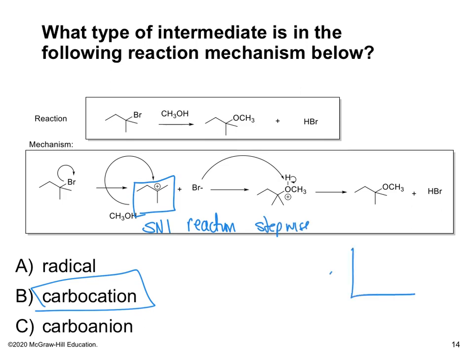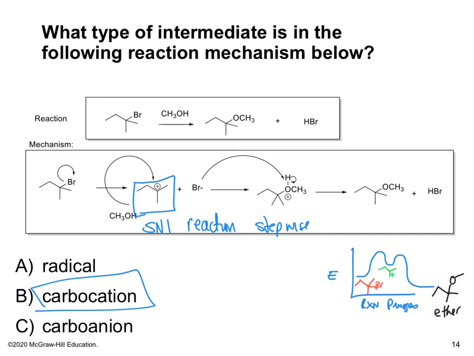So the energy and reaction progress is going to look like this, where you have a starting material, and then this is your product. So you made an ether, and you started with an alkyl halide, and your intermediate is this carbocation.